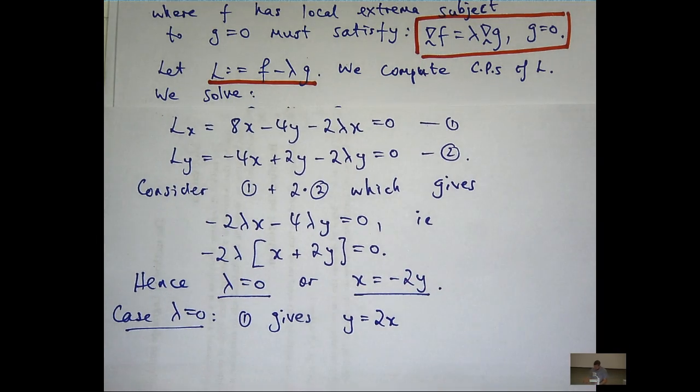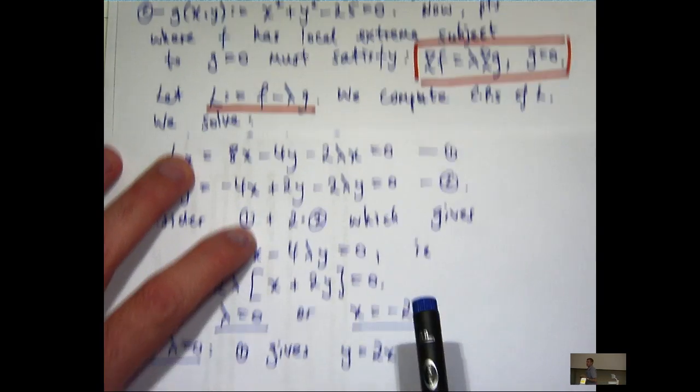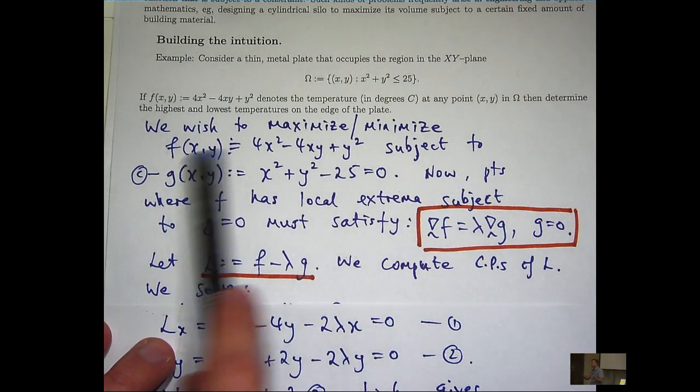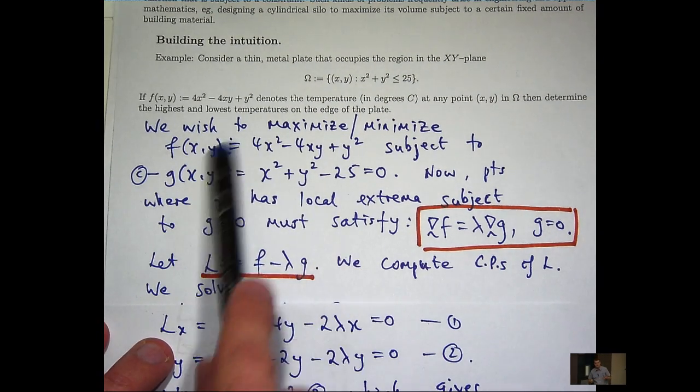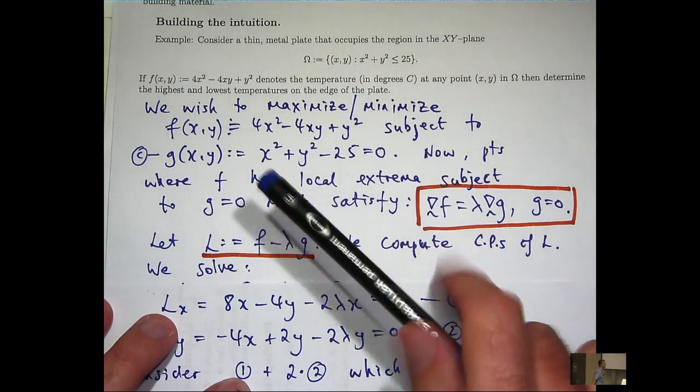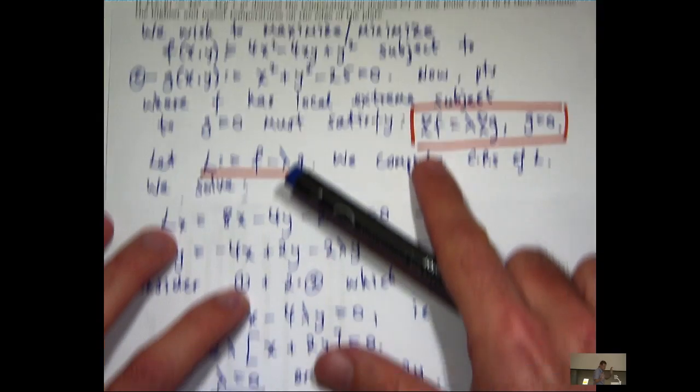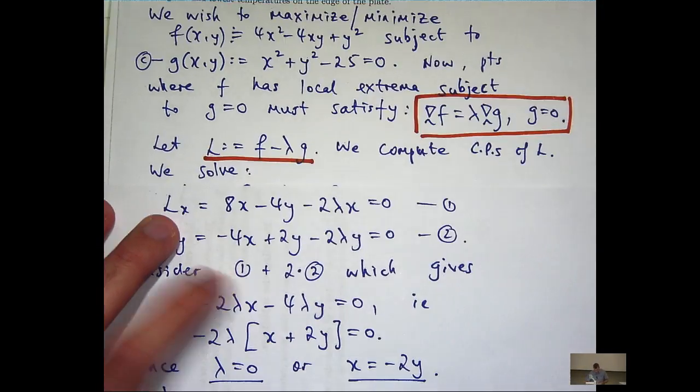So what can I do now? Well, what I'm going to do is use the constraint equation. So I can go up to my constraint equation, equation 3, and replace y with 2x.